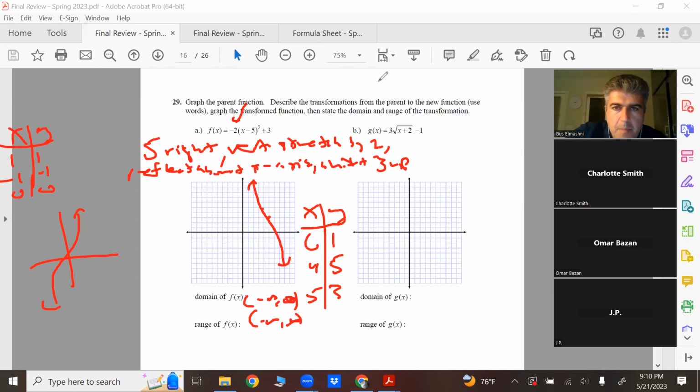For B, you're shifting 2 left and 1 down. So you get -2, so 2 left, 1 down, but also your vertical stretch by 3. Wait, I thought it's a vertical stretch only if the leading coefficient is negative.